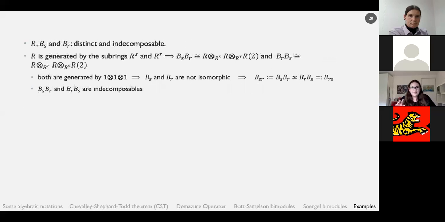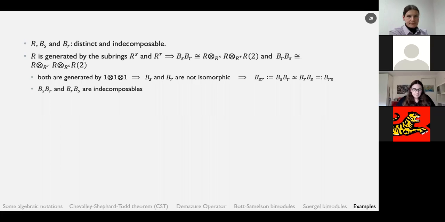Now let's compose this set of indecomposables step by step. By definition, we already know that R, B_S, and B_R are distinct and indecomposable.